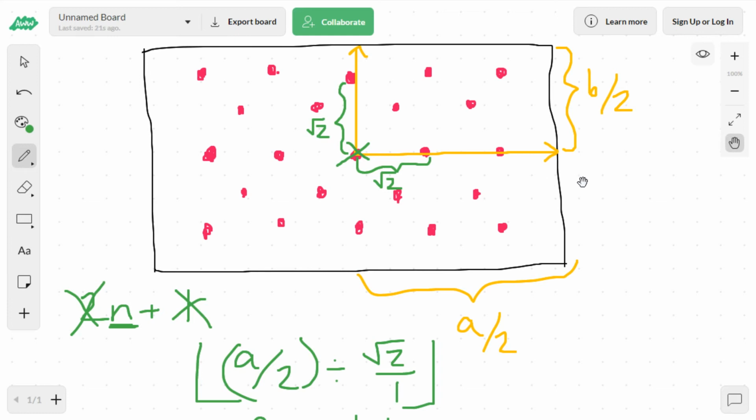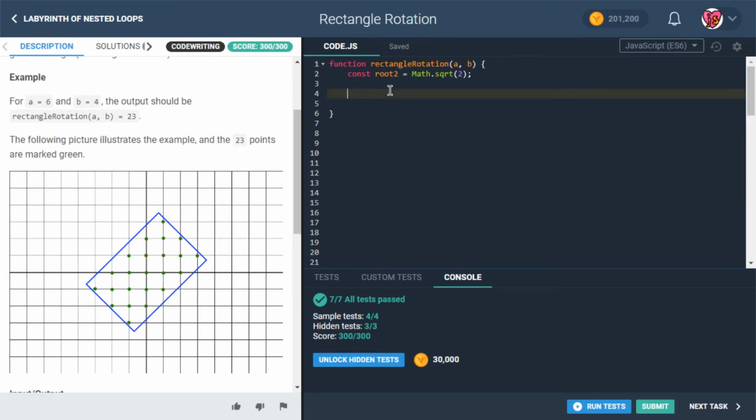Okay, so that's the number of dots we're going to have in each odd row. Okay, in other words, it's going to be the number of odd columns. Something like that. So we could start with that. We could say const odd columns is going to be assigned the value of 2 times, I'm just going to put an n in here for now, plus 1, for the reason we're looking at.